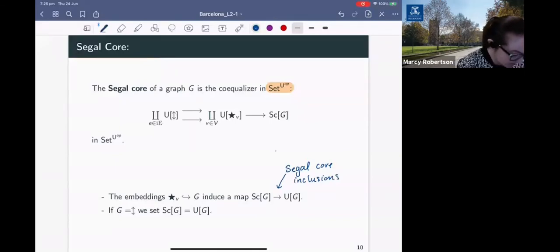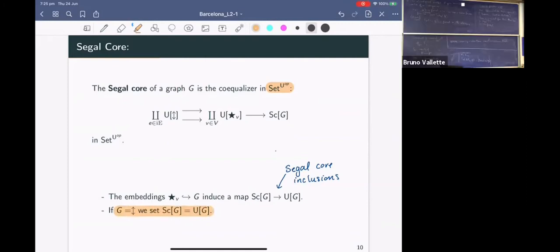And because I have one special graph, this exceptional edge that has no vertices and so doesn't have a nice description this way, we're going to just define the Segal core of this guy to be equal to its representable. So this is just the identity map in that case.